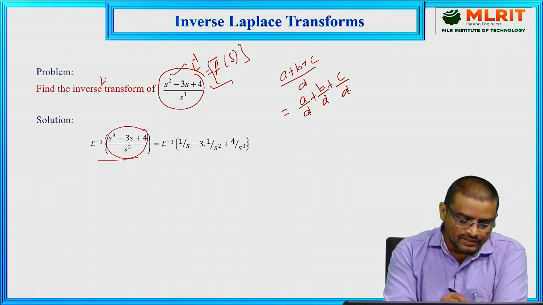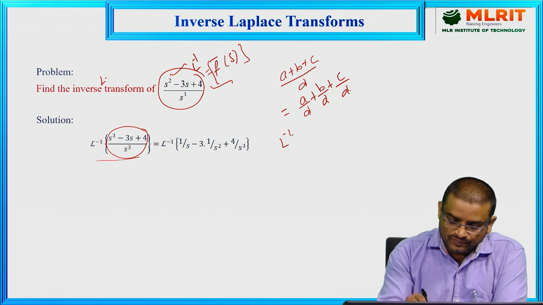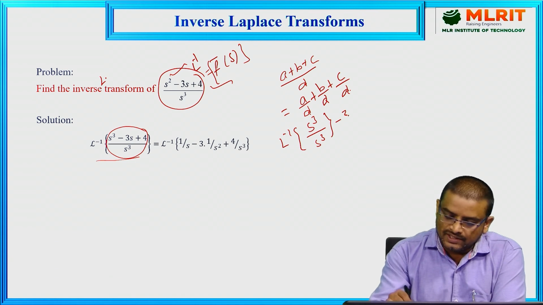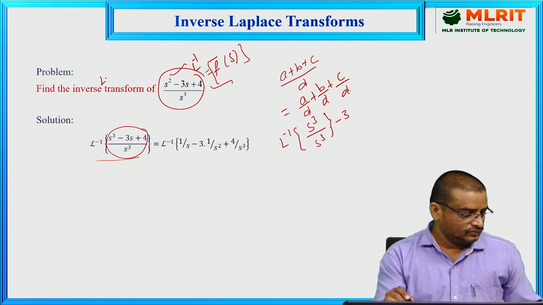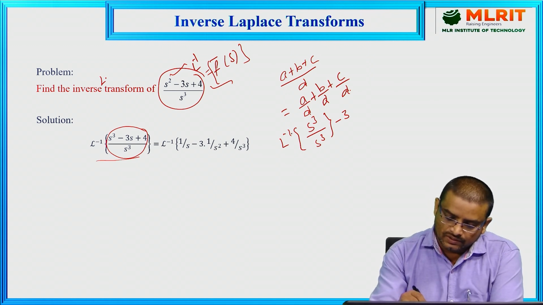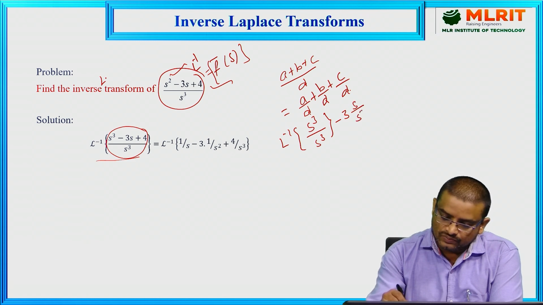So you will get L inverse of, first term, s cube by s cube, minus 3, which is a constant, so we can take that 3 outside, then s by s cube, plus 4 by s cube.